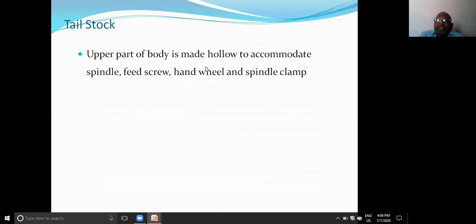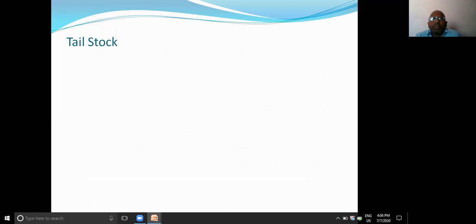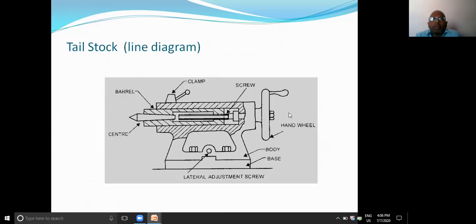In the previous line diagram, we can clearly visualize that the upper part of the body is made hollow to accommodate a spindle, feed screw, hand wheel and spindle clamp. Observe once again: this upper portion is the hollow portion.